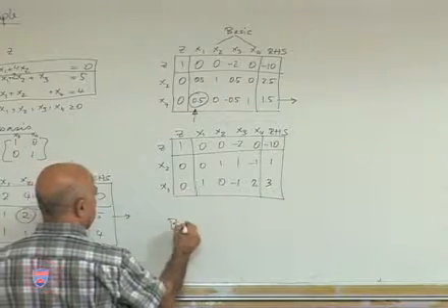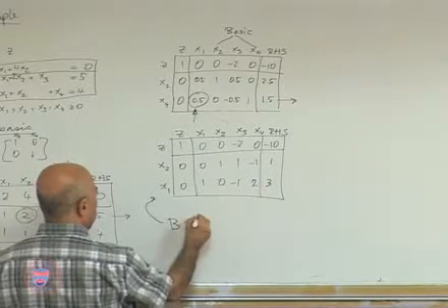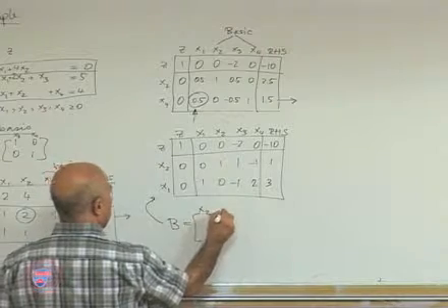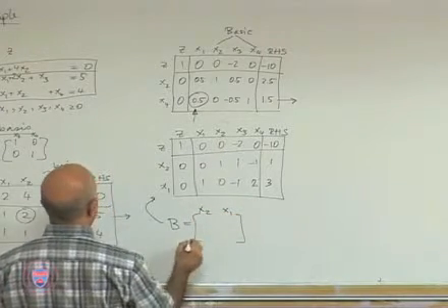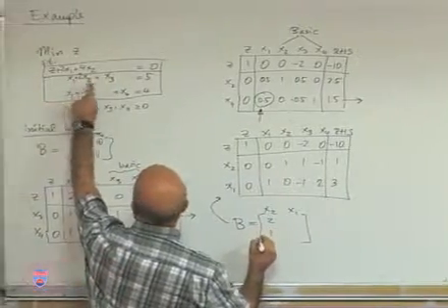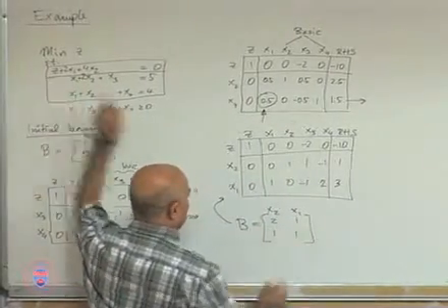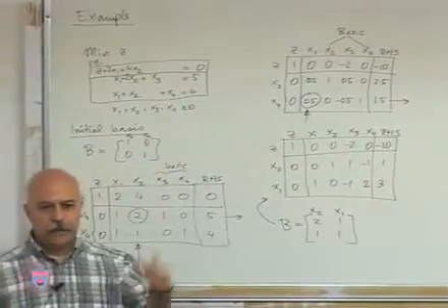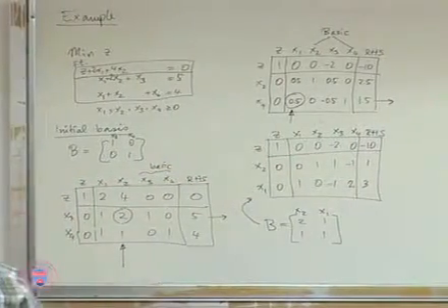And the basis corresponding to this one is, of course, the columns associated with x2 and x1. The x2 column is 2, 1. The x1 column is 1, 1. And the information in the tableau is, again, B inverse times the entire original A matrix.